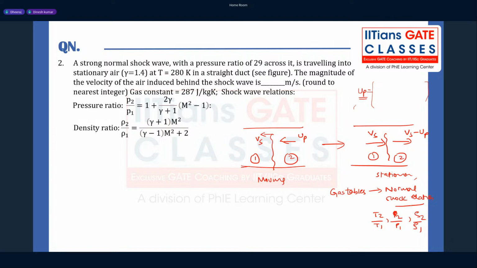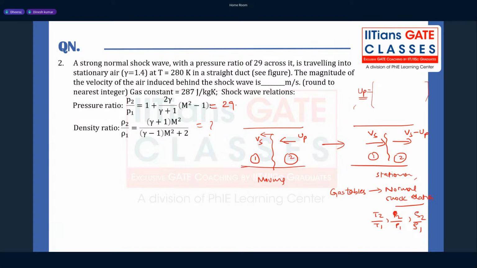These quantities can be directly taken from the gas tables, which are also allowed in the GATE examination. So here they have given me that P2 by P1 is 29, and my rho 2 by rho 1 we have to find. Right?